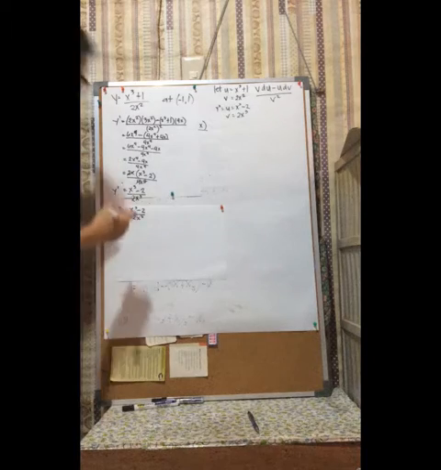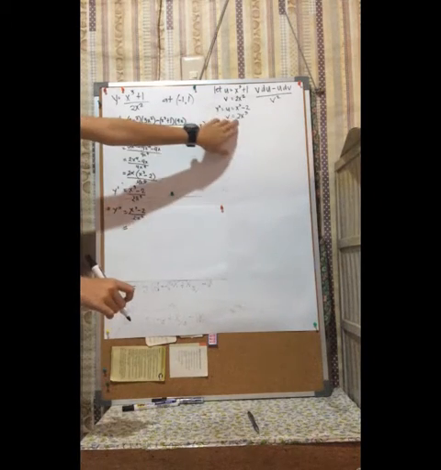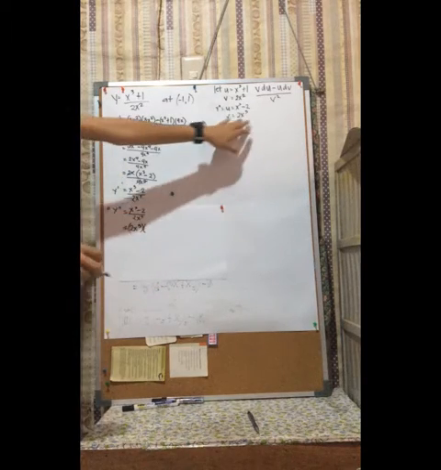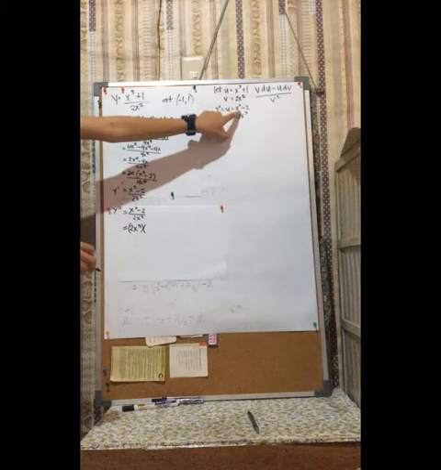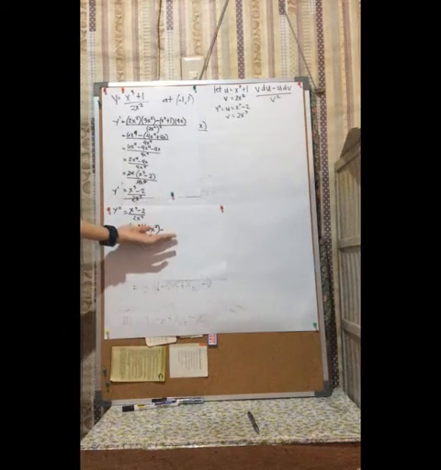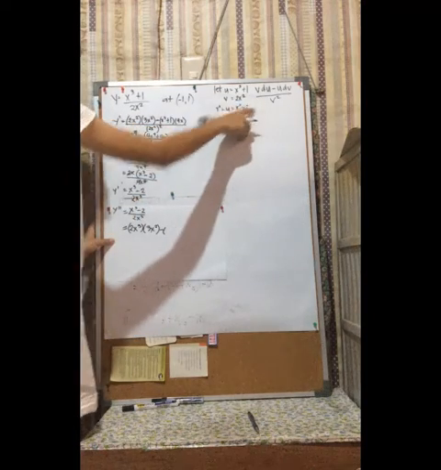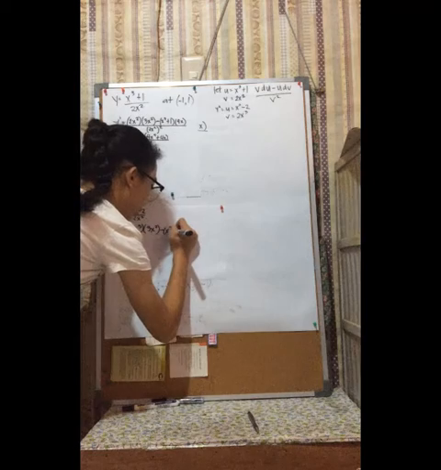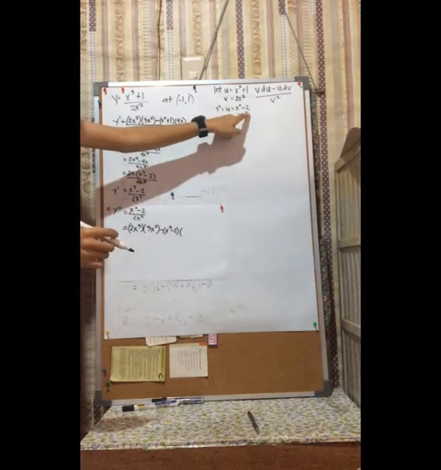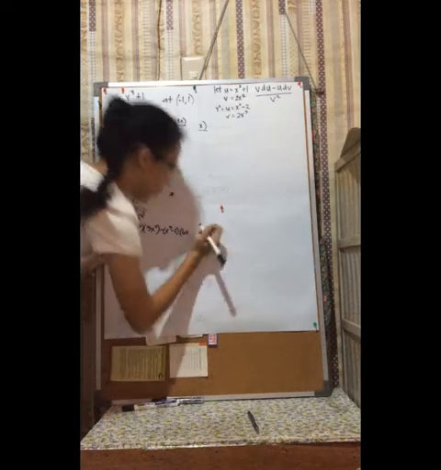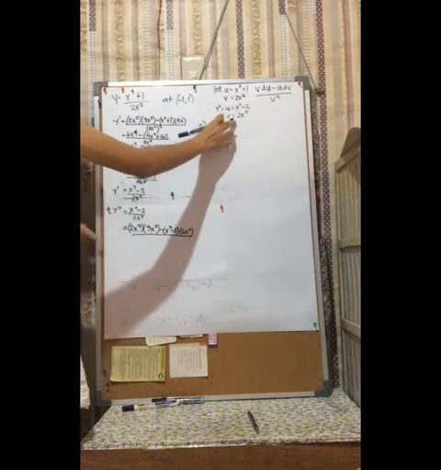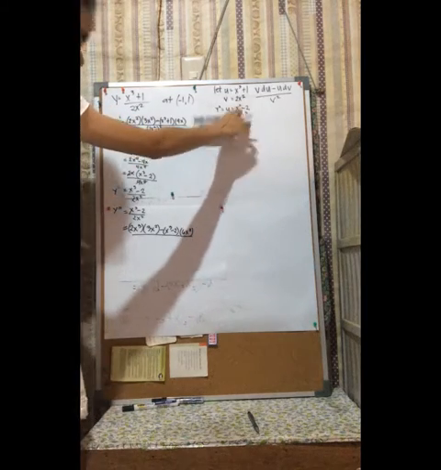To solve, copy v, 2x cubed, times the derivative of u, which is 3x to the second power, minus u, which is x cubed minus 2, multiplied by the derivative of v, which is 3 times 2, 6x squared, all over the square of 2x cubed.